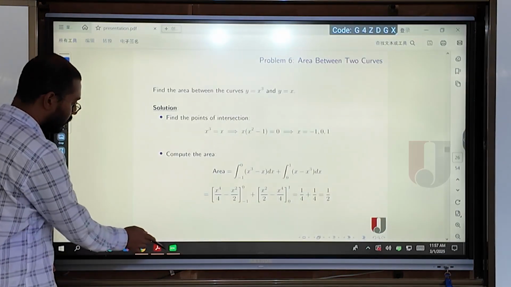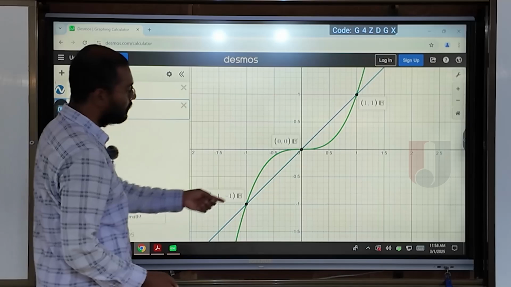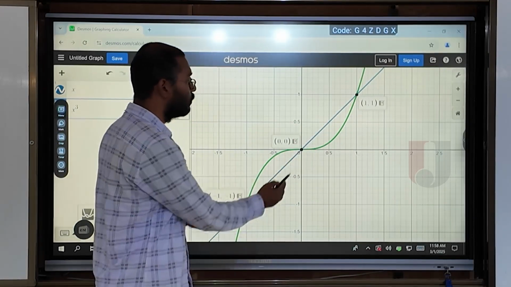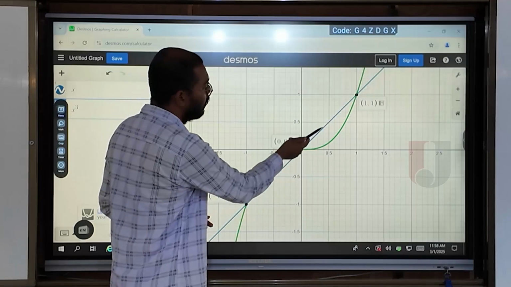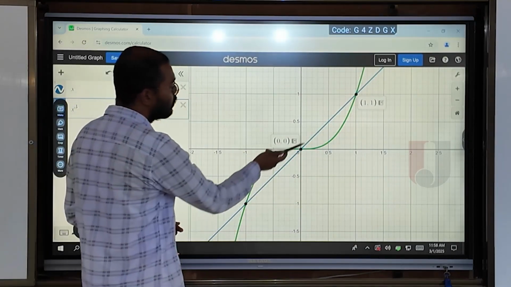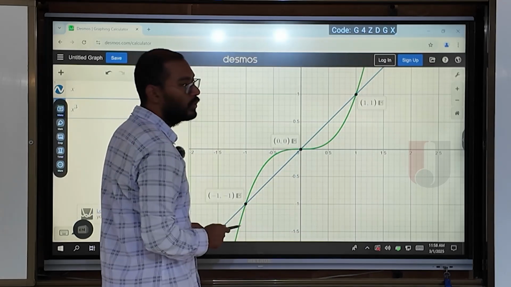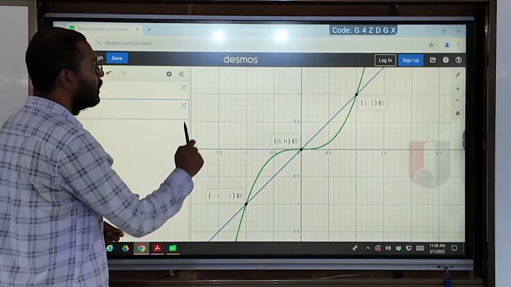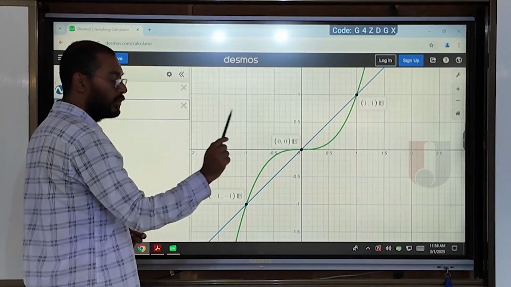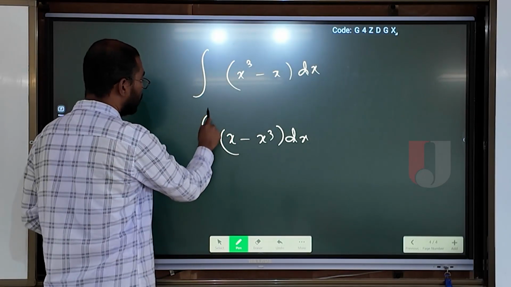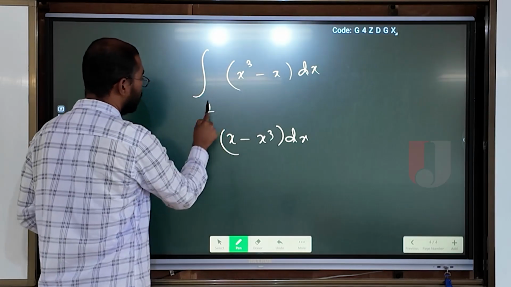If you see the graph, inside the portion 0 to 1, my blue line, that is the y equal to x line, dominates the y equal to x cube line. So from 0 to 1, inside that zone, x is larger and x cube is smaller.